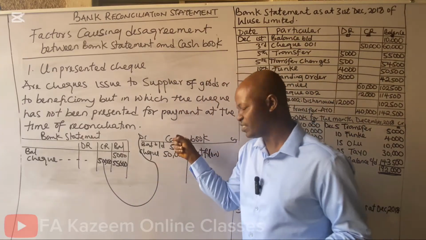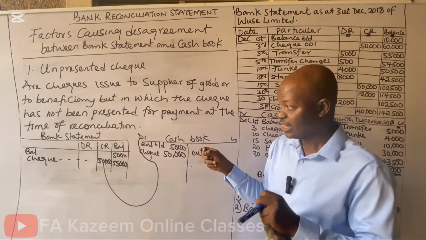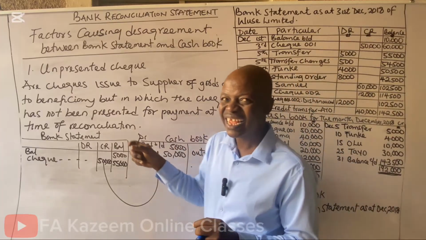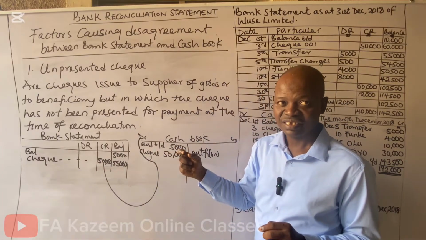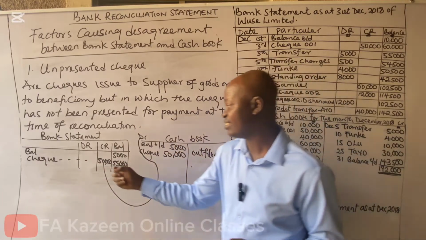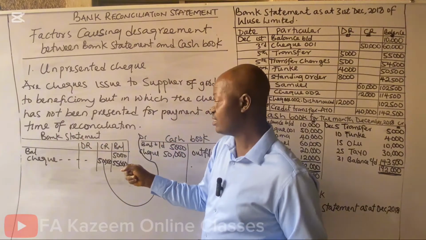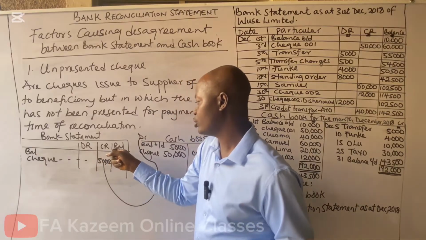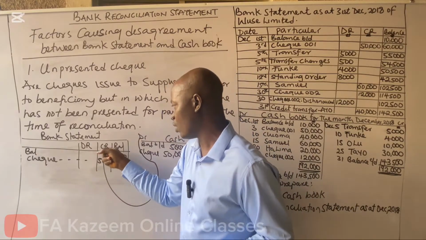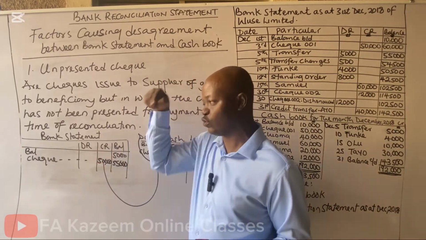That's the reason why, once there's a deposit in your bank, the bank sends you a credit SMS, which we refer to as a credit alert. What the bank is trying to tell you is that we have recorded your deposit on the credit side as an inflow into your account.